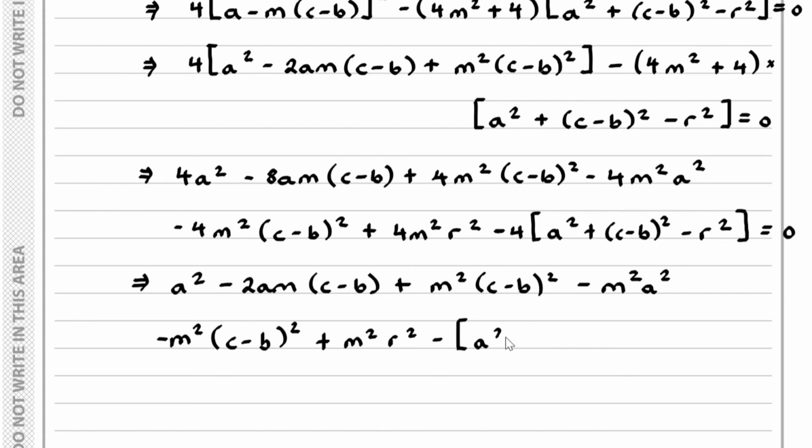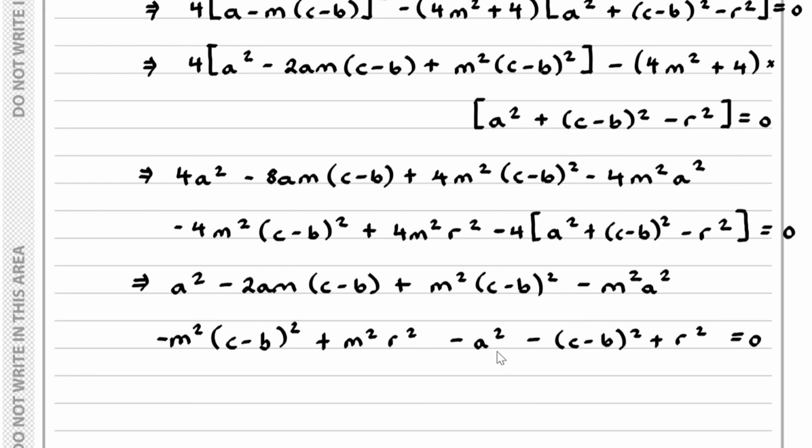Then here we've got a squared plus c minus b squared minus r squared equals 0. So now what we can do is expand this bracket out. If I do that, I would have a minus a squared, then the minus c minus b all squared, and this will be a plus.